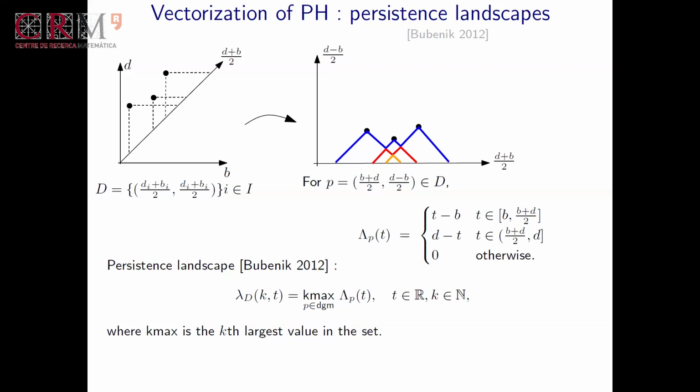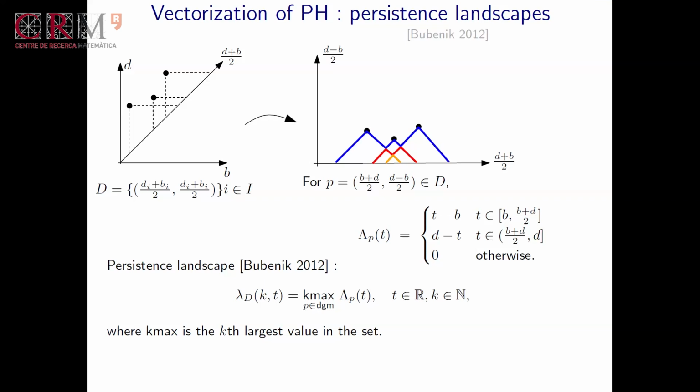We will see this point of view of seeing diagrams as measures. There is not a unique way to vectorize, but this is not very convenient to get some stability results on this kind of thing.